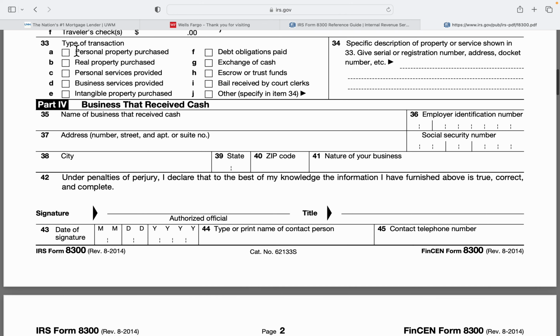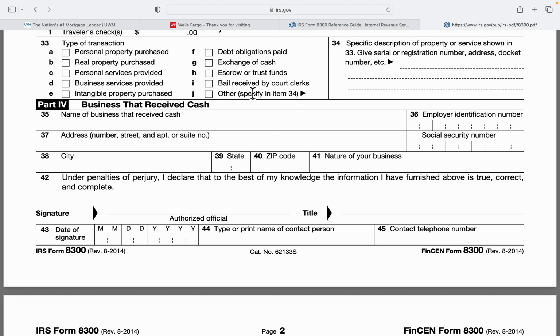In box 33, you will list the type of transaction that was conducted. It could be personal property, real property, personal service, business service, intangible property, debt obligation, an exchange of cash, escrow, or trust. This will mainly be for lawyers or real estate transactions, bail bondsmen.